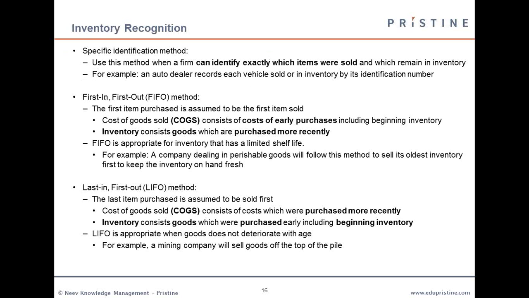In this, we have already discussed the specific identification method, and now we'll move to the concept of early purchases, because we have the beginning inventory and the cost of early purchases, and the cost, since we assume that the first item is the first item sold, the costs of the selling items are also the first items.